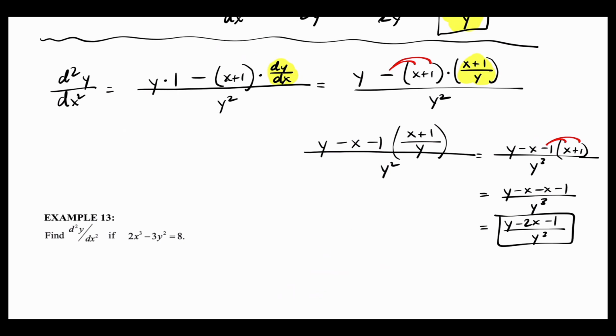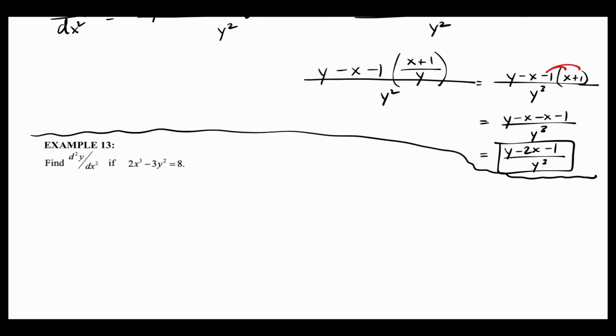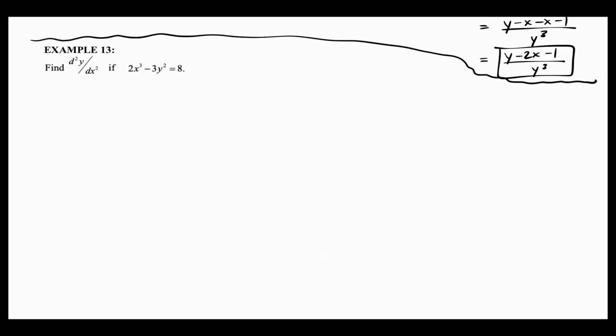If this is multiple choice, you're just trying to go as far as you can to match one of the answers. Once you match something, you're done. Okay, all right, so I want you to do the last one now. I want you to find the second derivative of that.